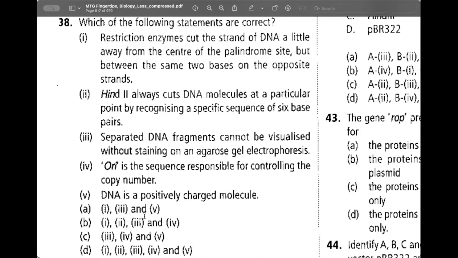A, C, and D all have fifth, right? And fifth is an incorrect statement. So even if you are not sure about first, second, third, you can still choose option B because fifth is not there, and fifth is something you know is incorrect.